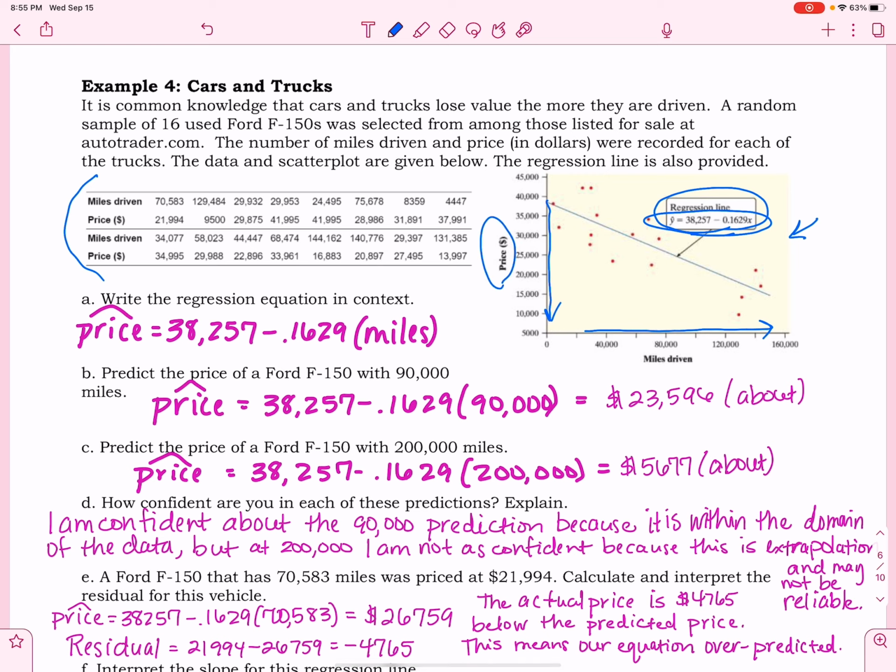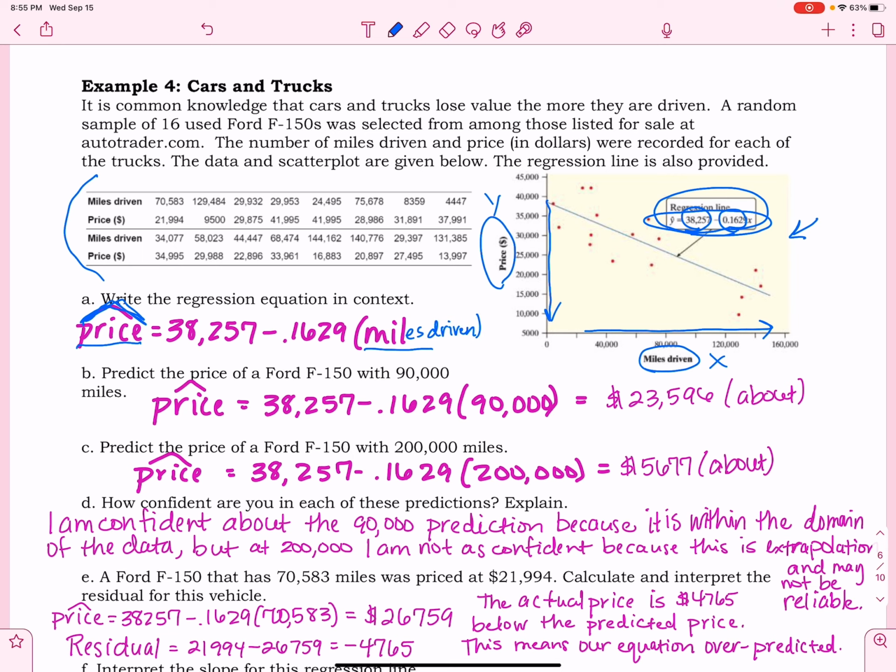So y is price and miles driven is x, so I'm writing price with my prediction symbol right here. This is my y-intercept, this is my slope, and then of course miles driven would be right here. I probably should have written miles driven there. So let's change that. Miles driven. There you go.